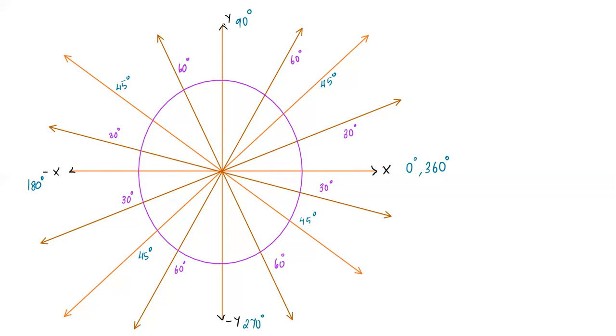So for now, I'm going to clear all the other angles we wrote. Because with the degrees, you're kind of fine, but I want to use the radians to help us with this.